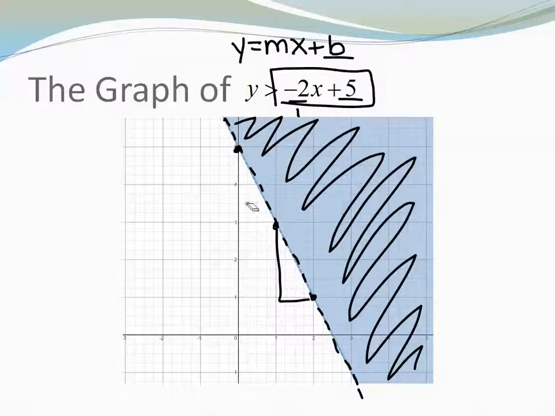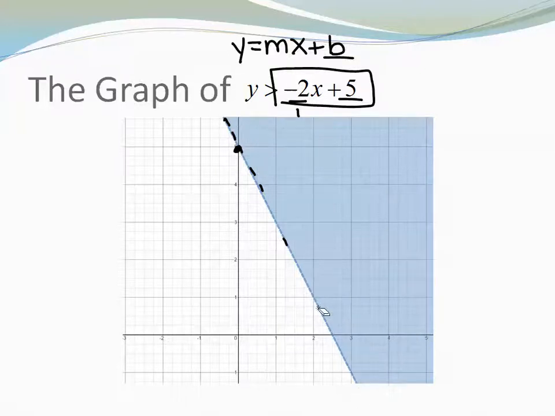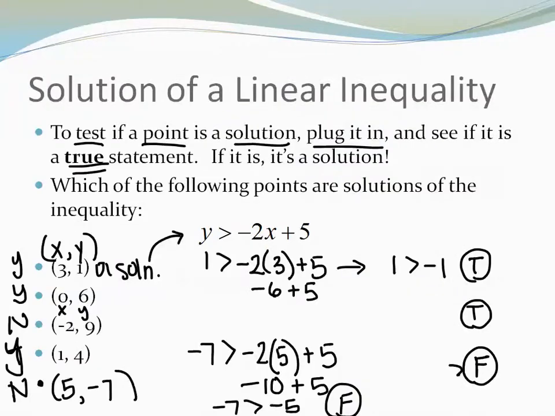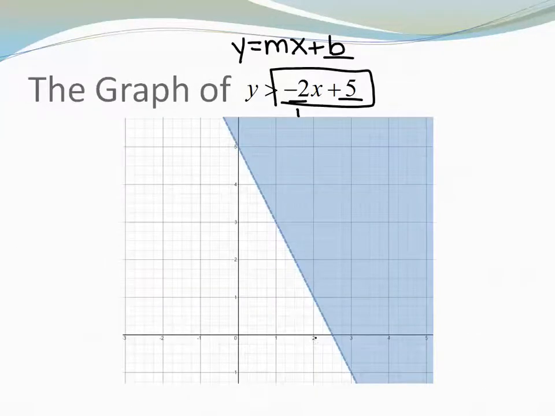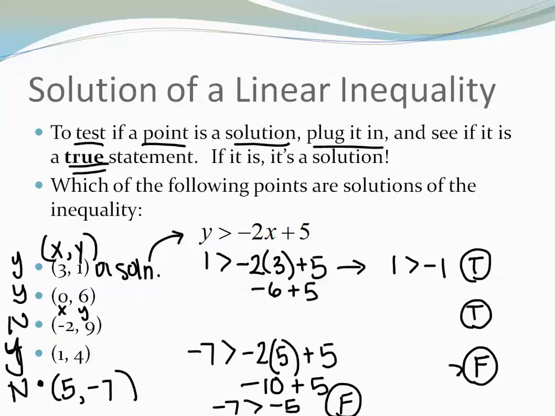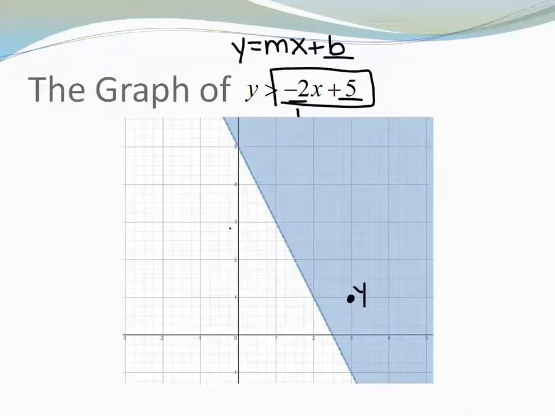So let's go back to those points that we had. Some of them were solutions, some of them were not. So let's graph them on here and compare this to the graph. So we had 3, 1, which was a yes. Here's 3, 1. We had 0, 6, which was a yes. 0, 6 would be right here.